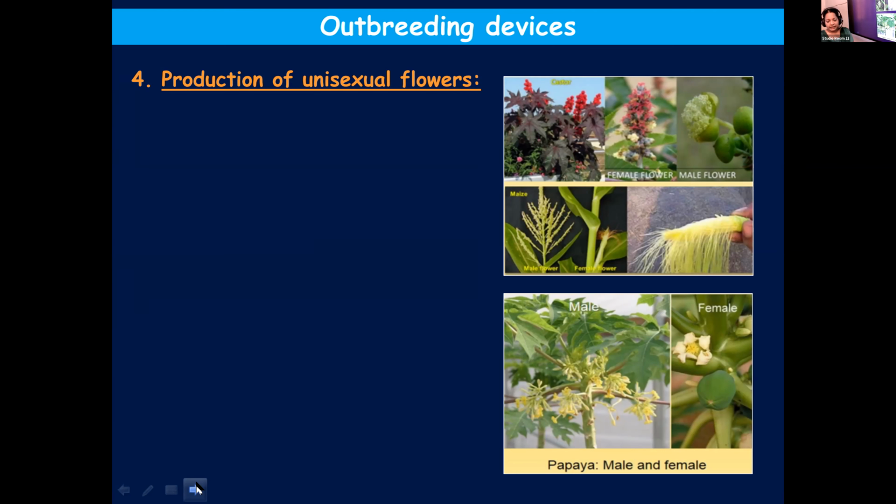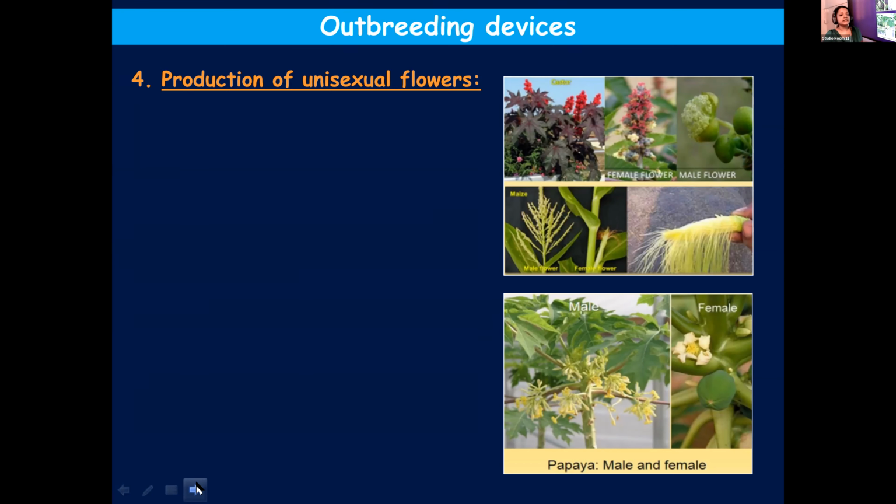In maize and castor, the same plant will have two types of flowers, male flowers and female flowers. Within the same plant, male and female flowers will be present, but these are unisexual flowers. Each flower will have either stamen or pistil, not both. But these two types of flowers are present on the same plant.